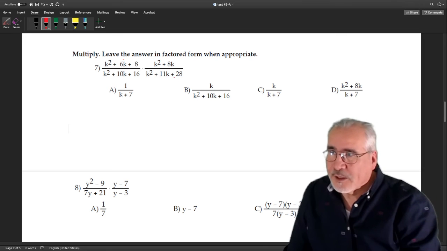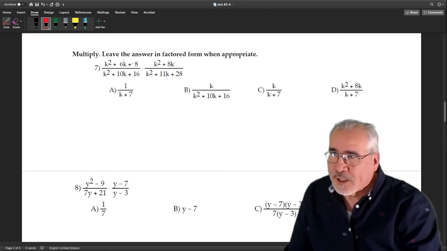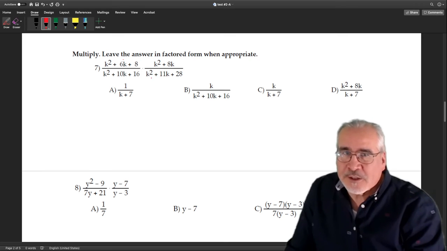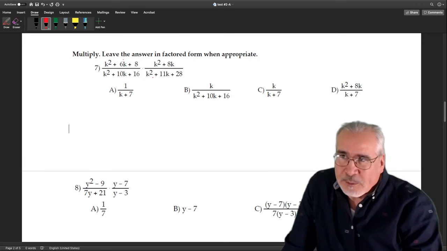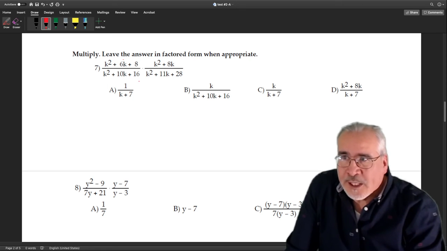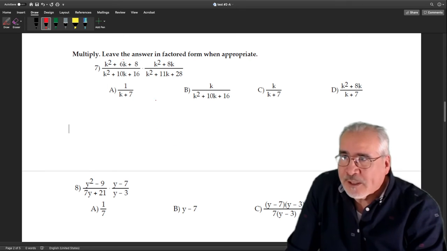So what we've got is two fractions, so we've got two numerators and two denominators, so we're going to need to factor 4 different polynomials, and we'll get some reducing going on, and then we'll find our answer.